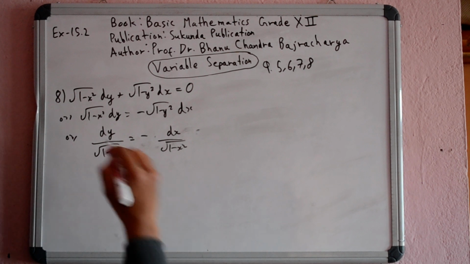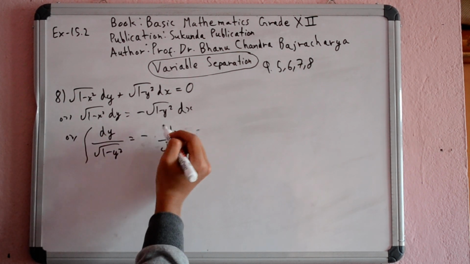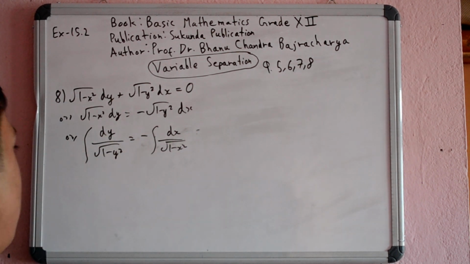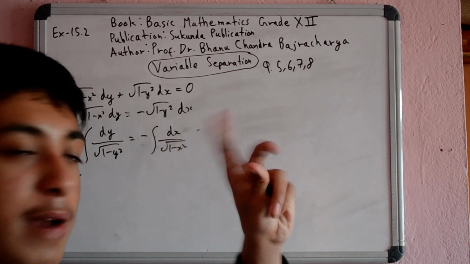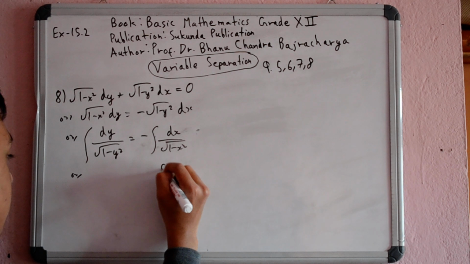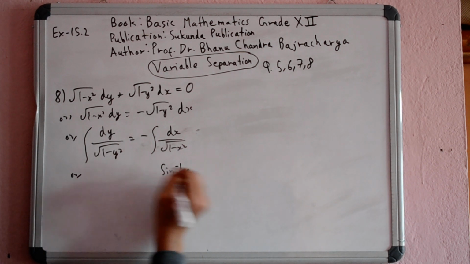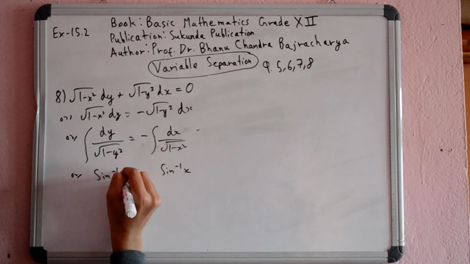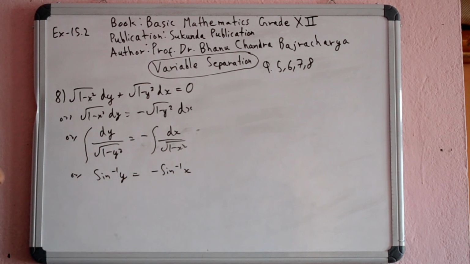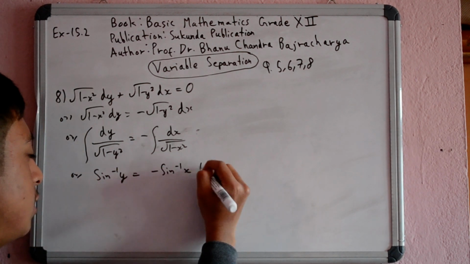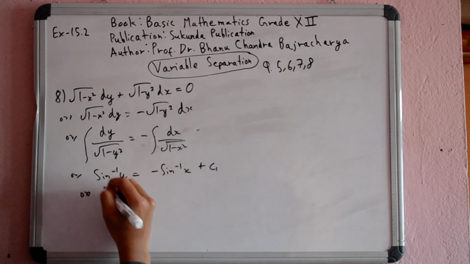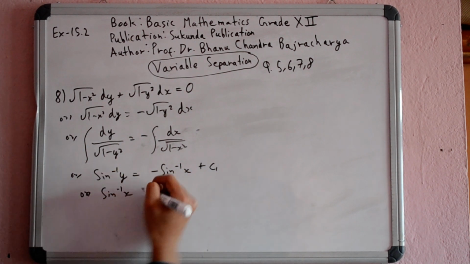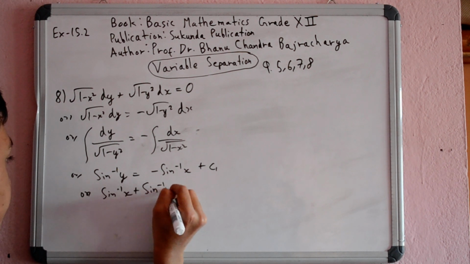And now let's integrate both sides, and I'll put the minus outside and integrate this part. Now, the integration of dx by root 1 minus x squared is sine inverse x, and this is of course sine inverse y. This becomes minus, and don't forget the constant, which I'll write c1. Now let's move this minus to the right hand side. This becomes sine inverse x plus sine inverse y is equal to c1.